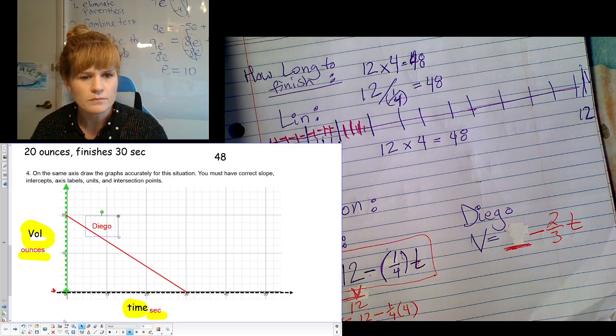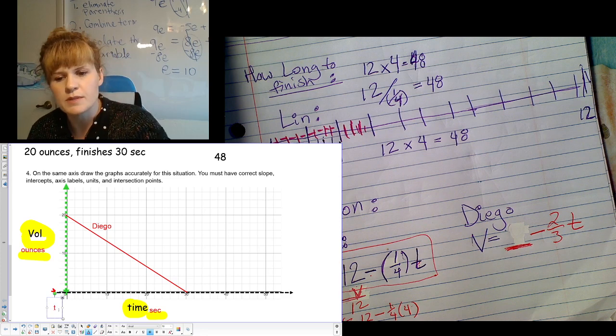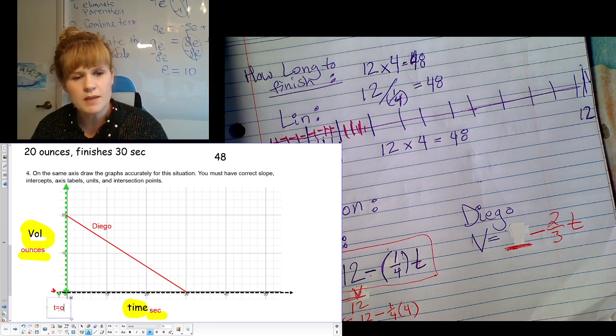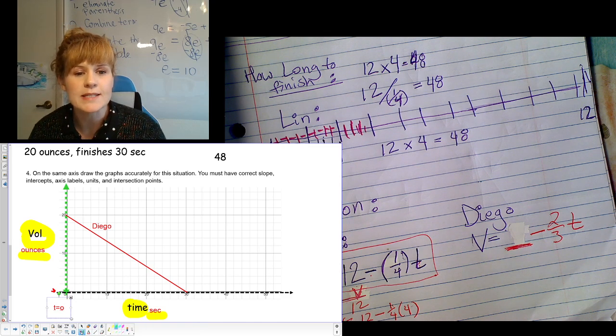Okay, let me explain this. Please pay attention. When time equals 0, Diego has a full milkshake, and he starts with 20 ounces. So his line starts here.